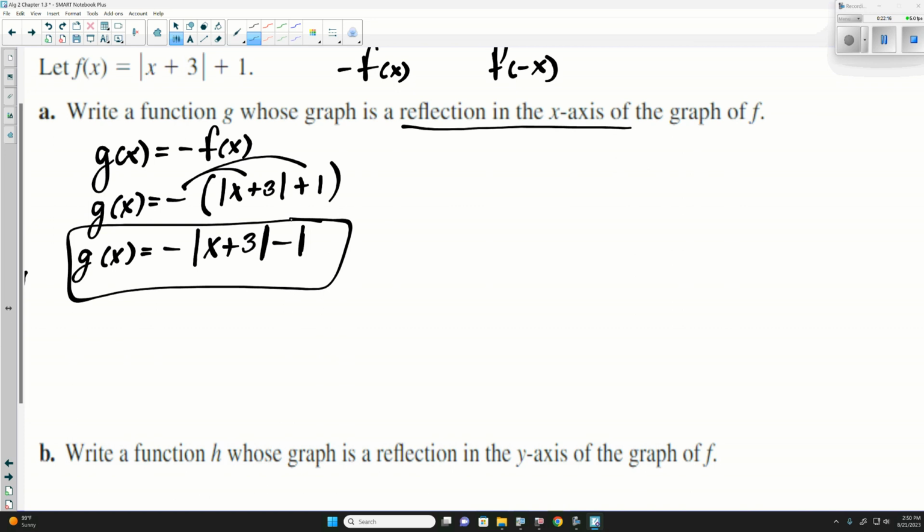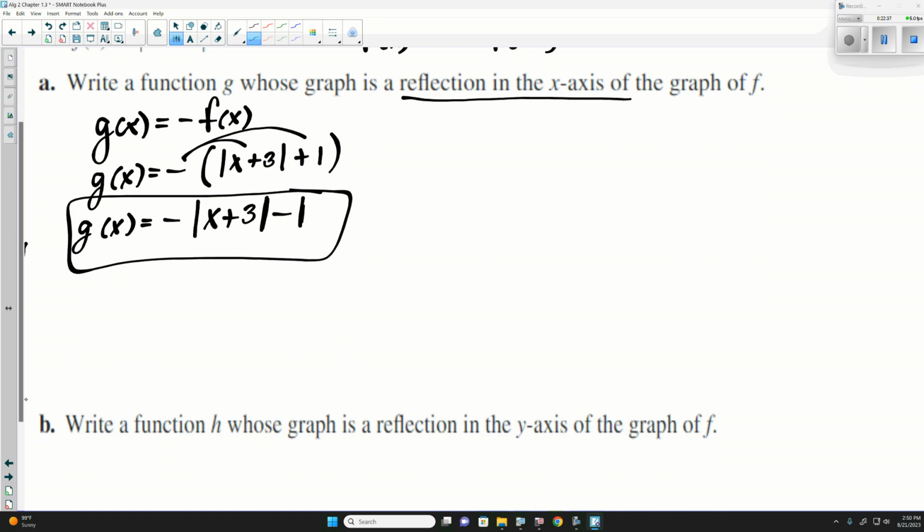Questions on any of this here so far? What do you think? Reflections are a little bit easier. I mean, there are a few less steps, but we're following the same type pattern.